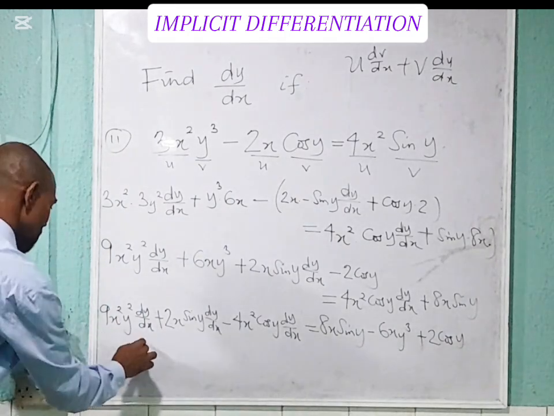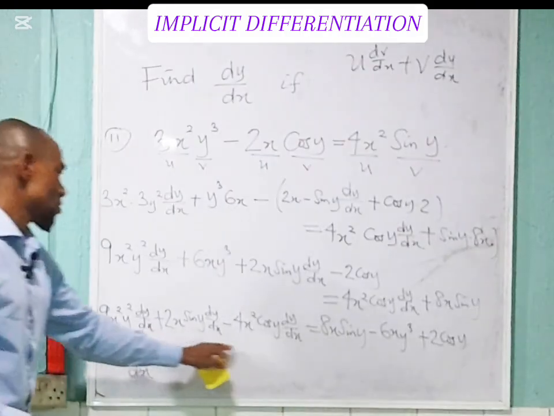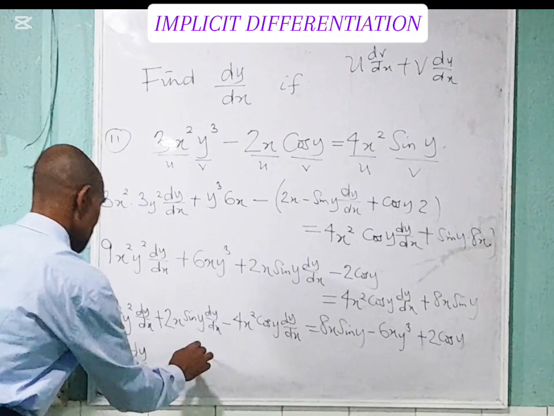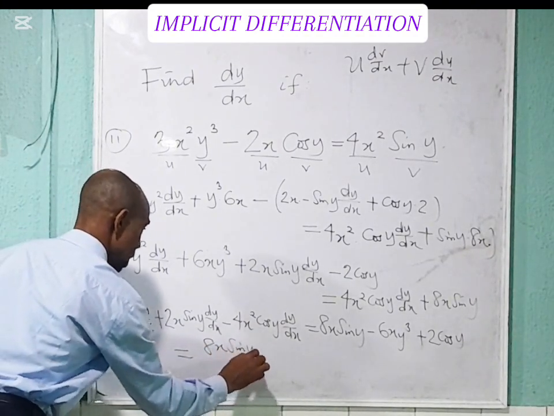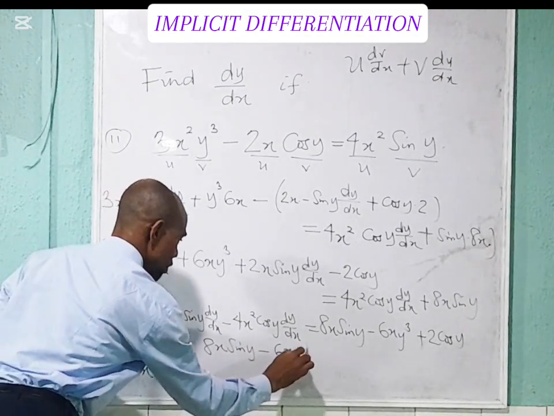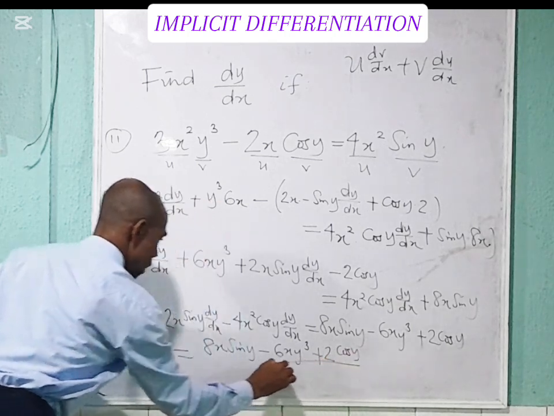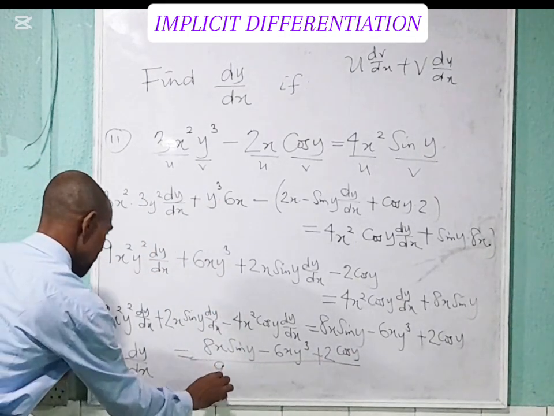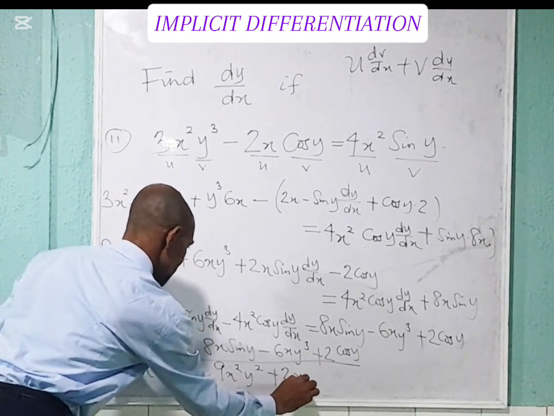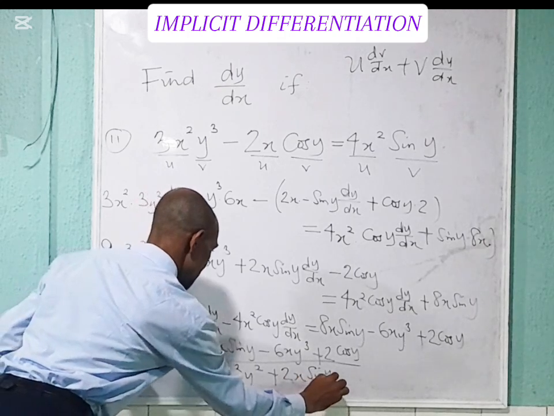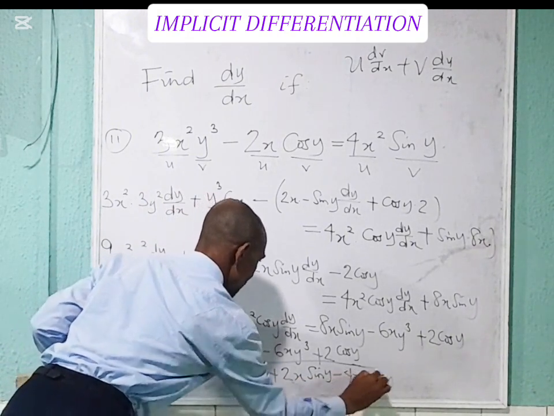So at this juncture, I can say, okay, I'm going to skip a step. dy/dx is common to the 3, I factorize. So dy/dx equals essentially 8x sin y minus 6x y cubed plus 2 cos y, all divided by this now, 9x squared y squared plus 2x sin y minus 4x squared cos y.